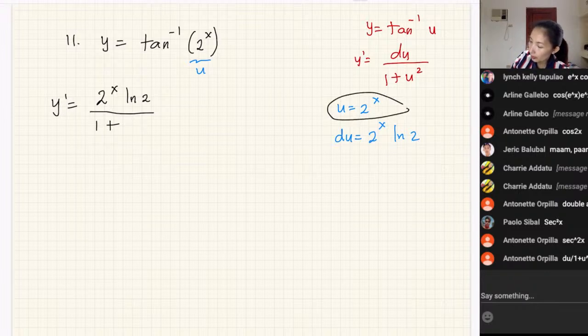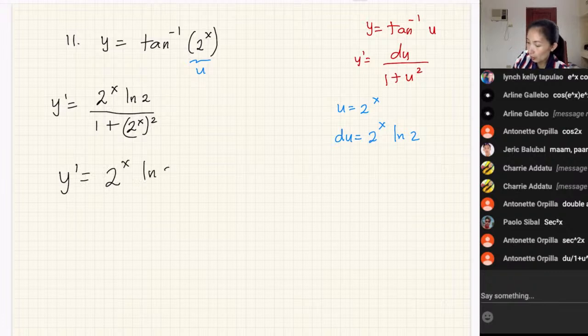Our u is 2 raised to x, so plus 2 raised to x squared. Or simply y prime equal to 2 raised to x times the natural logarithm of 2 all over 1 plus 2 raised to 2x.